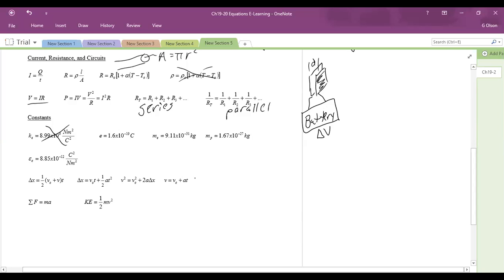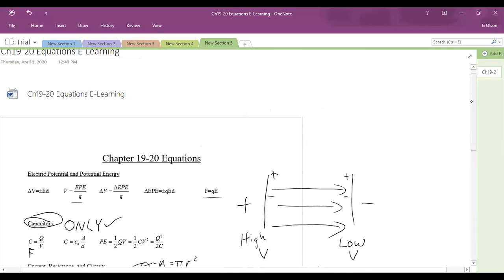We've got our kinematic equations if you need those, Newton's second law, and then kinetic energy. So if you remember, we had problems on that group quiz. By the way, check out that video if you haven't already. But if you have a charge released in an electric field, and we want to know how fast it's moving after it travels a certain distance, I like to use primarily this equation.